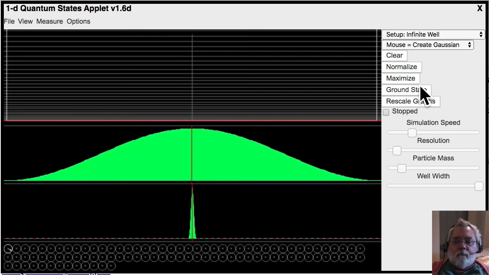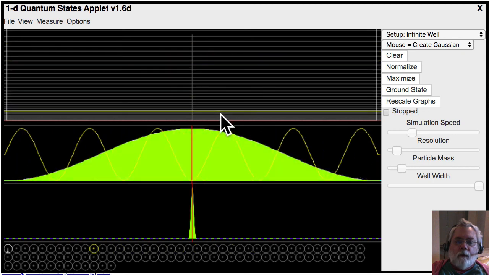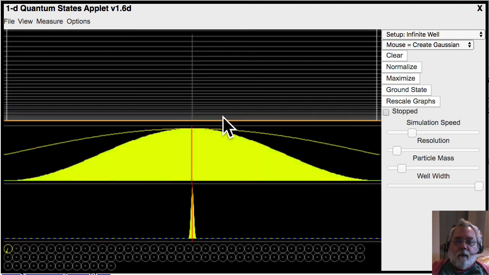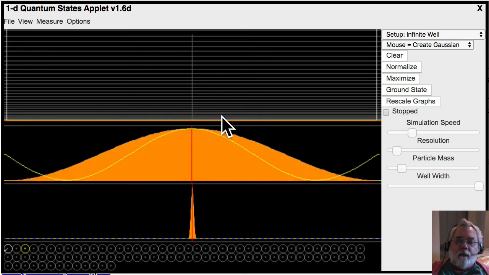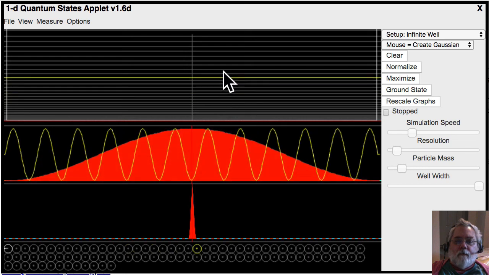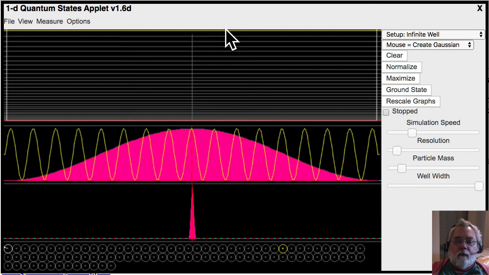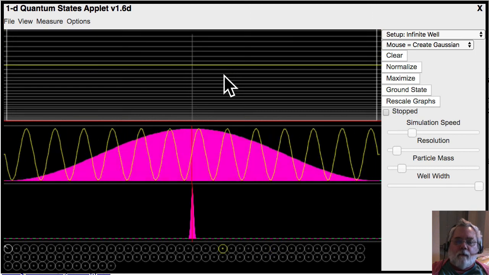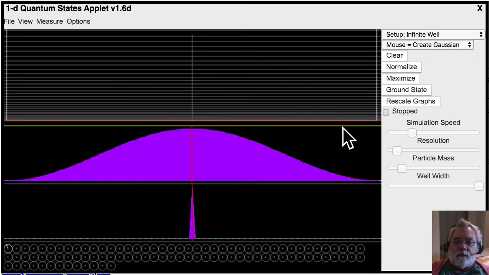We have different portions to the screen. This upper portion is showing us different energy eigenvalues. It's hard to see down here because they're closely spaced, but you see that they get spaced out more as we go to higher values. I don't think I can expand this section to show us.